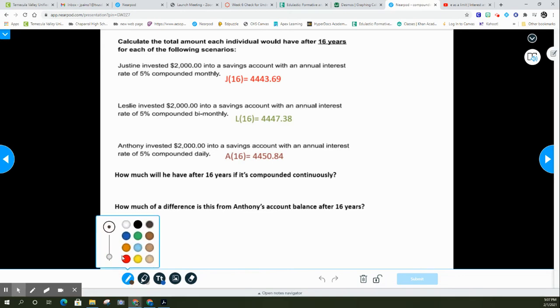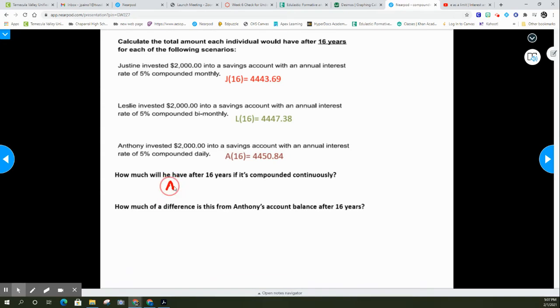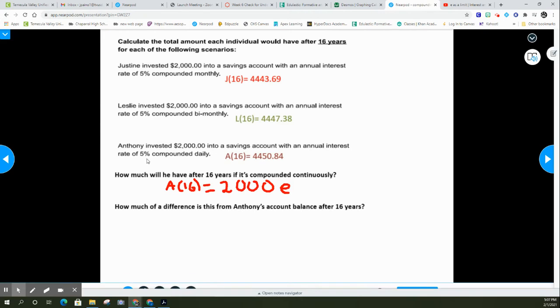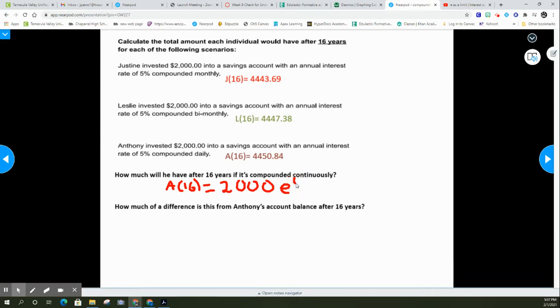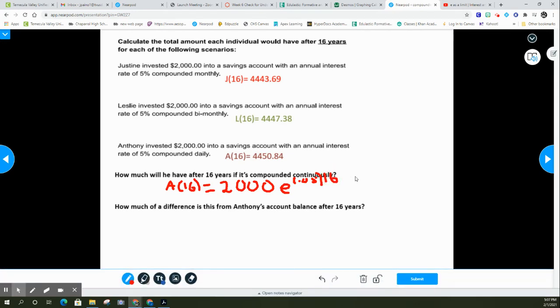We have our 2,000. So A of 16 is going to be 2,000 times E raised to the 0.05 times 16 years, times 16.